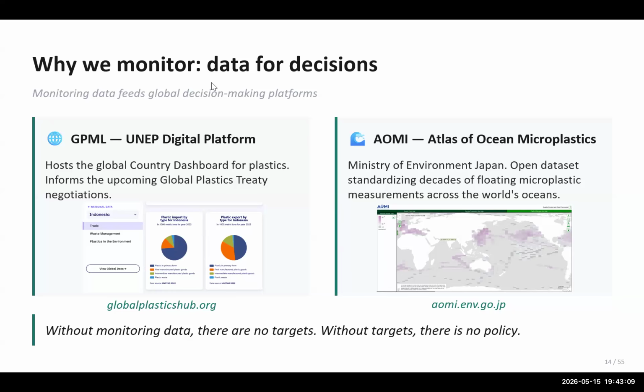So you can compare data from different studies from all over the world, and the policies and the government can use this information to make policies. Without monitoring data, there are no targets. We cannot decide how much microplastic or plastic pollution is too much. If we don't have this information, it's impossible to do any policy making.